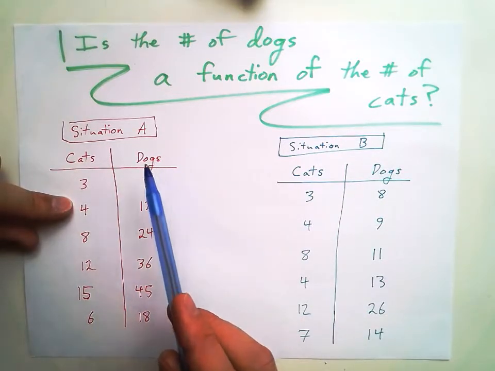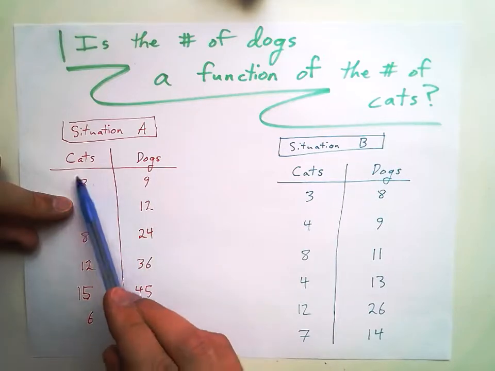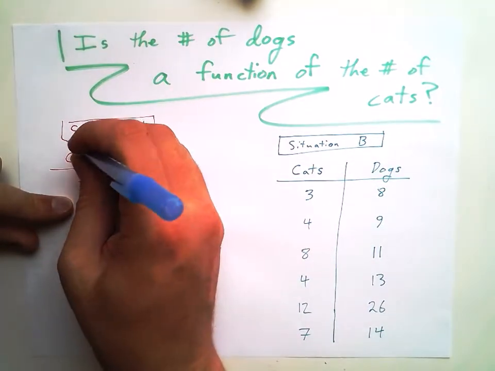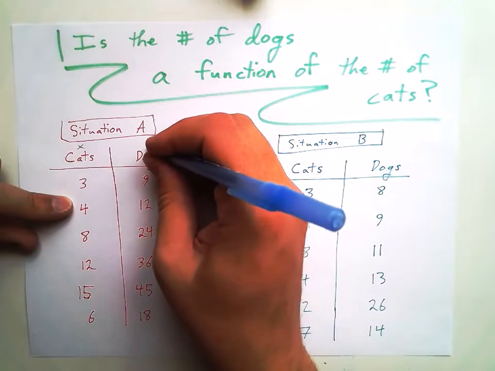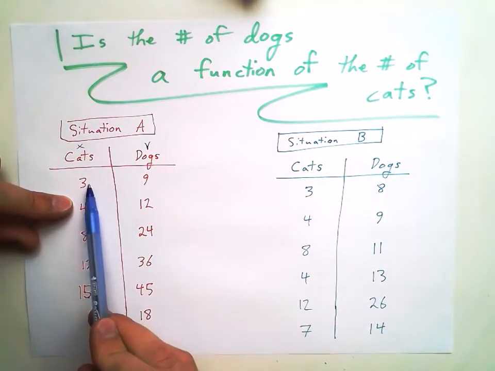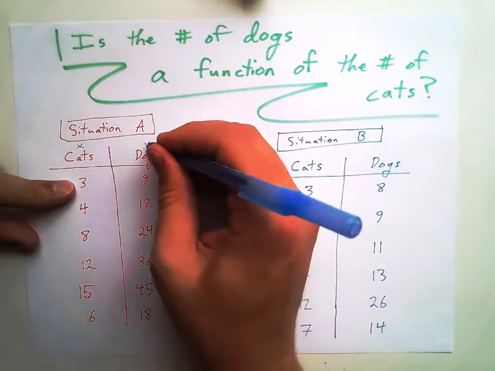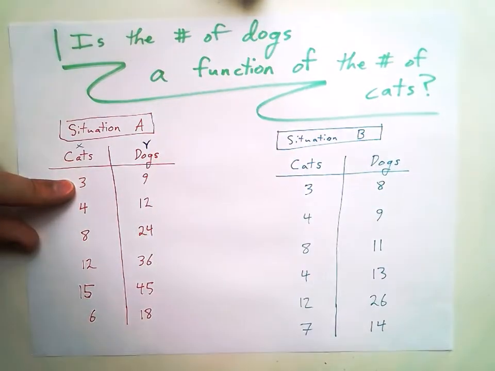So dogs is a function of cats, just like y is a function of x a lot of times in equations. If you know the cats, it automatically tells you what the number of dogs is. So dogs is a function of cats.